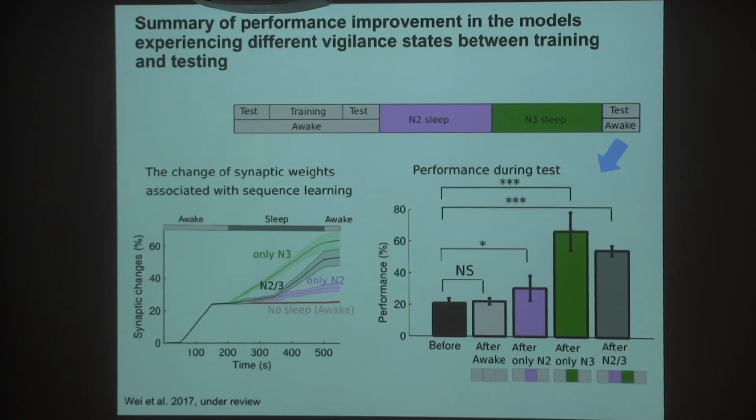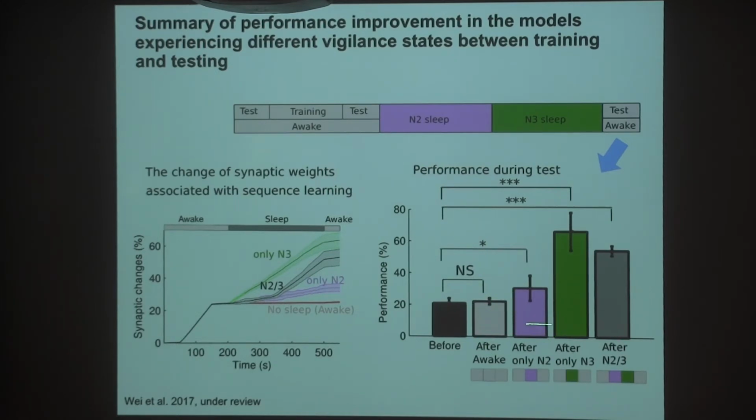This is a summary of different experiments where during that time we had stage 2 sleep or stage 3 or a mixture of those, and this increase in performance. You can see that in our model, baseline performance is around 20. So it's the probability of completion of the task. If there is no sleep in the wake state, there is no significant change.